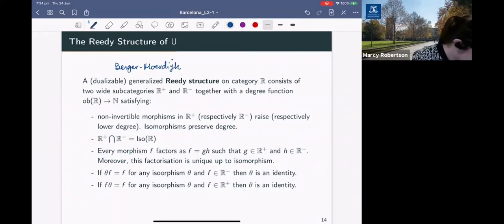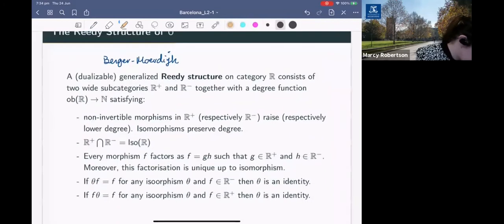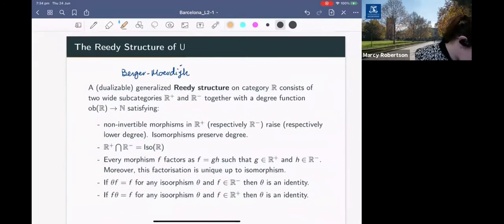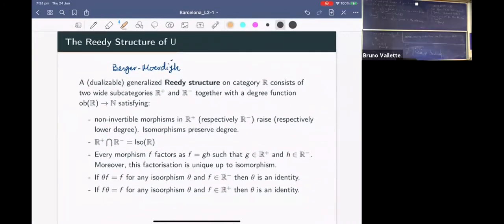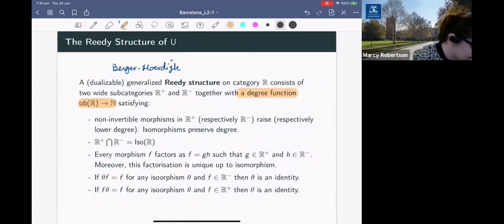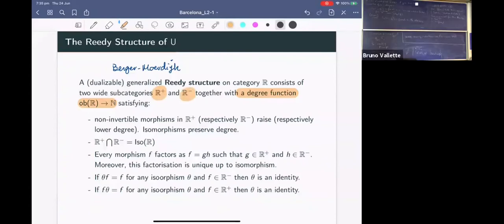So a dualizable generalized Reedy category is a small category R which has a degree function, something that assigns a notion of degree to objects. And then we define two subcategories, one that raises the degree and one that lowers the degree.